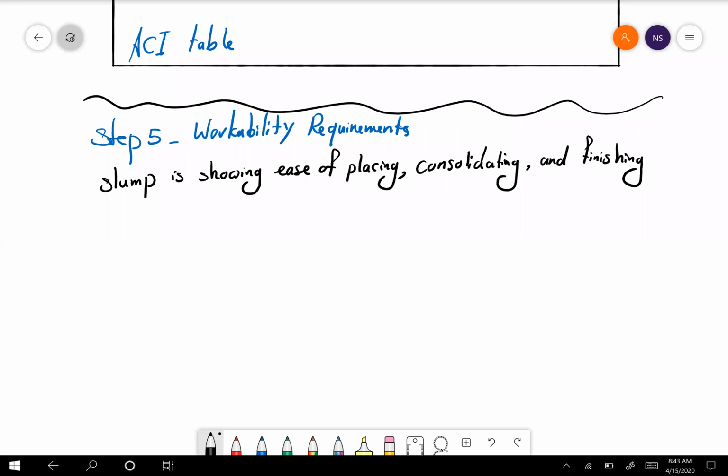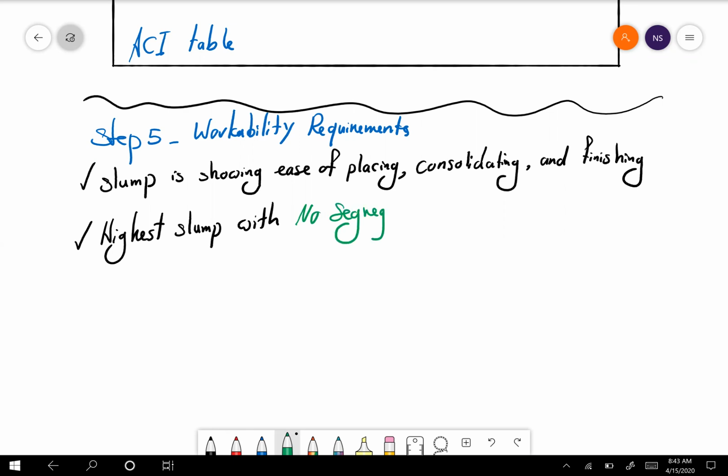And the desired condition is to have the highest slump with no segregation or excessive bleeding.